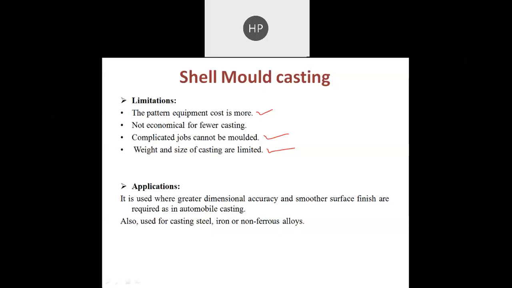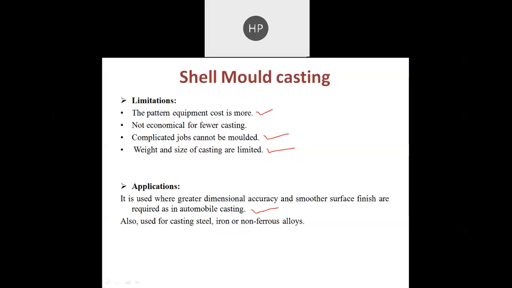Application: it is used where greater dimensional accuracy and smoother surface finish are required, as in automobile castings. Generally automobile crankshafts and other automobile castings, which require very close dimensional tolerance and also a good surface finish, can use shell mold casting. It is also used for casting steel, iron, and non-ferrous materials.